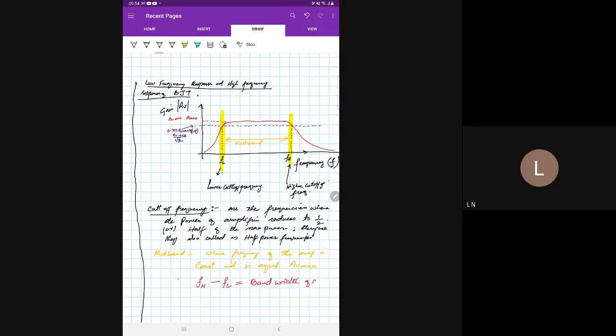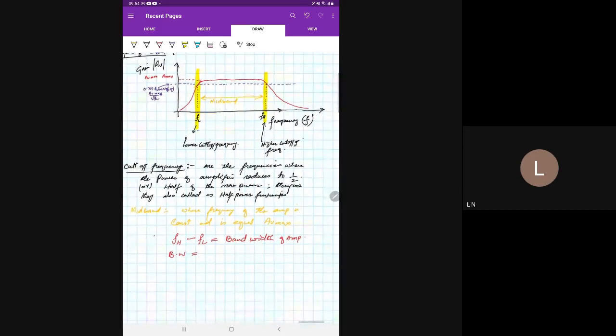If somebody asks you what the bandwidth is, bandwidth is the range of frequencies for which an amplifier will provide a constant gain. How much gain will it provide? It will offer a gain equal to AV max, the maximum gain. So bandwidth is the range of frequencies for which an amplifier will offer the maximum gain.